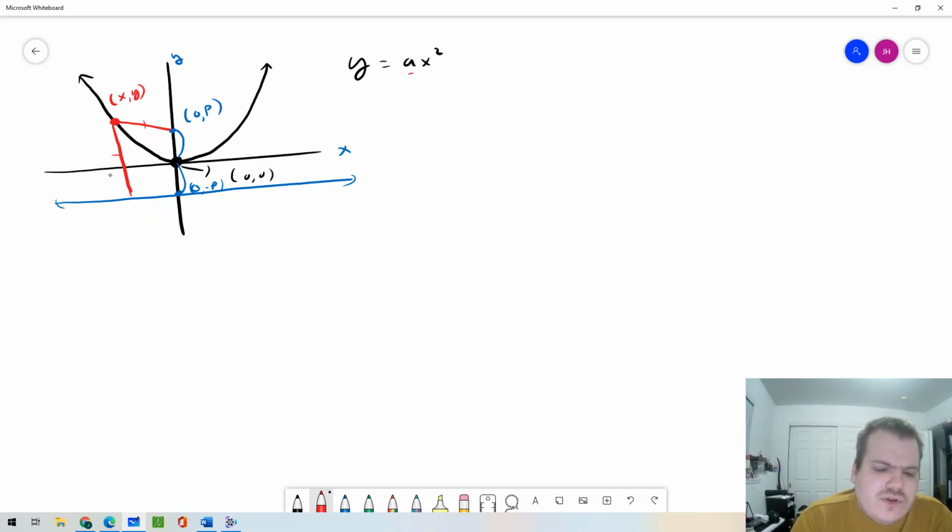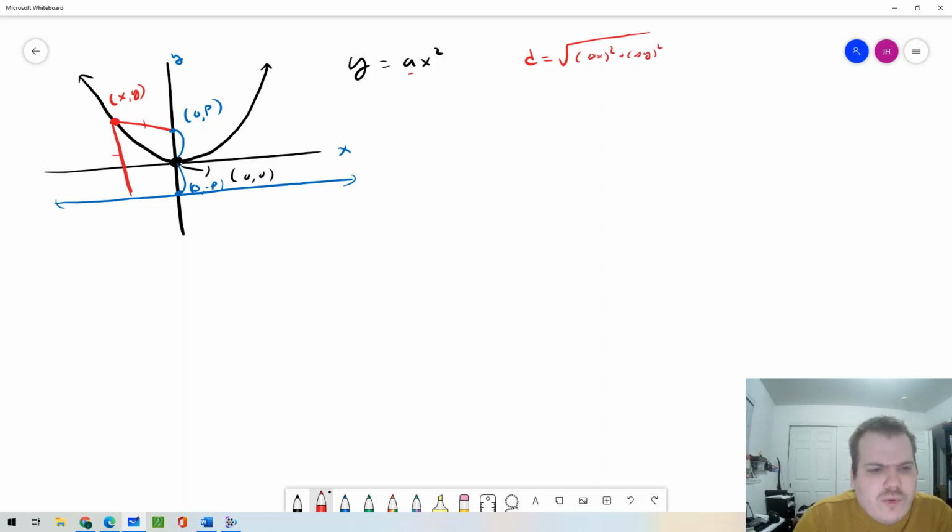To do this, I'm going to use the distance formula. Just as a reminder, the distance formula is a direct application of the Pythagorean theorem, but I will throw it up on the screen here. It's going to be d is equal to the square root of delta x squared plus delta y squared, delta being the change in. So it's going to be the change in x and the change in y.